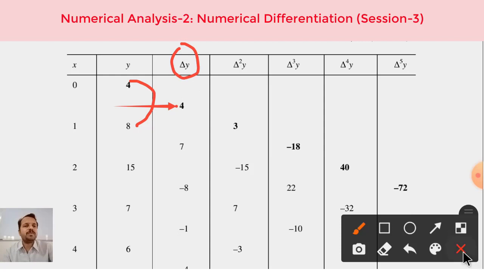So now we will proceed further to get the other first order differences. So next will be 15 minus 8, the answer is 7, write it here.